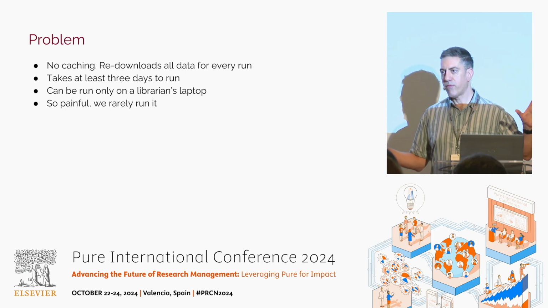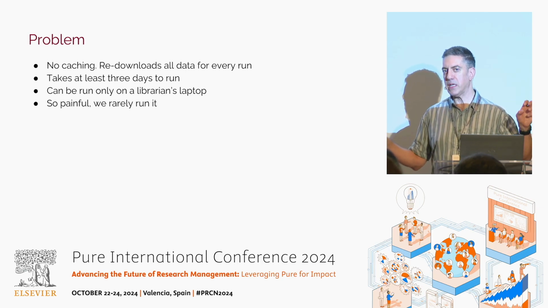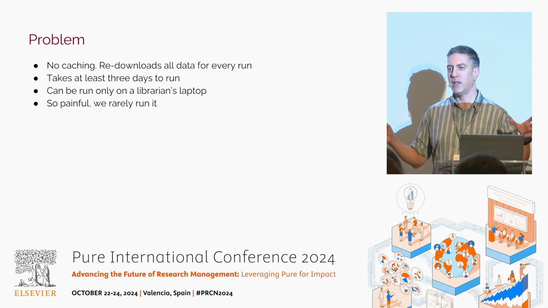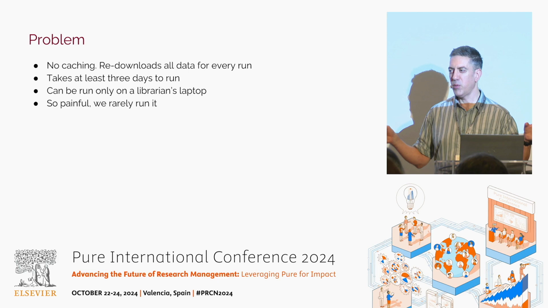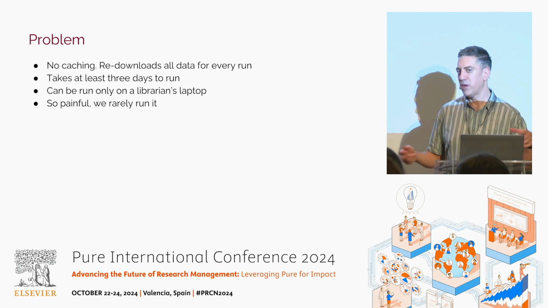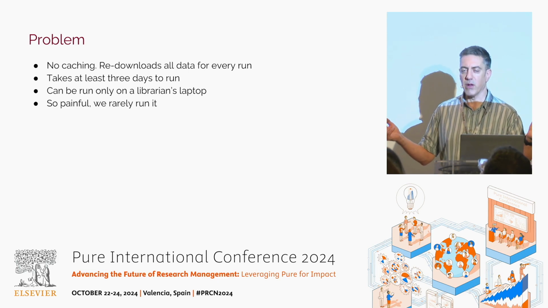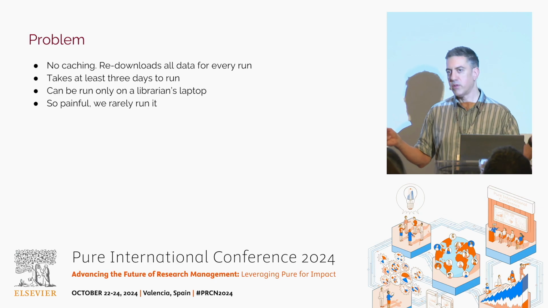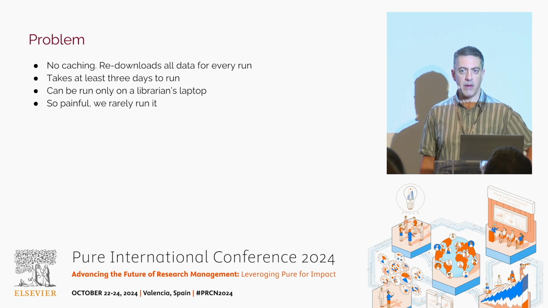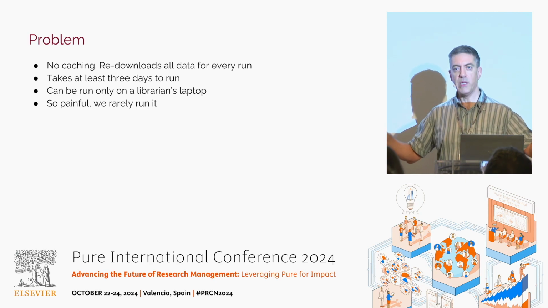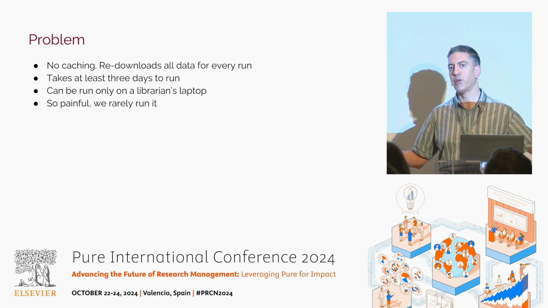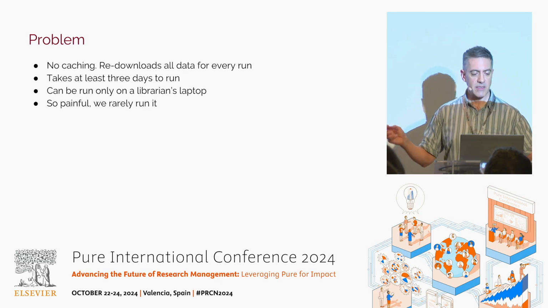The University of Minnesota is a pretty big university. I think we're one of the 10 biggest in the U.S. I think Andy was saying that. We're what we call an R1 research university in the U.S. And we use Pure for data for the entire university, so it's a lot.